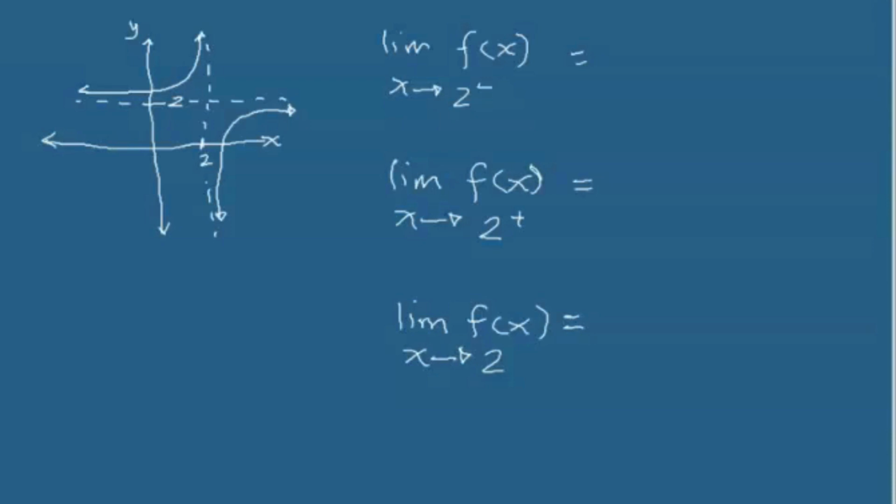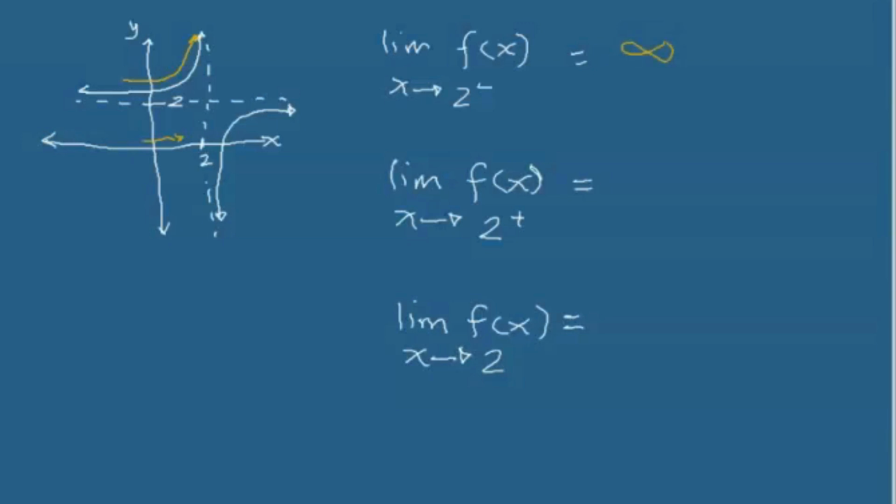As it approaches 2 from the left, we follow this graph. The value of y is getting bigger and bigger, so it goes up. So our answer is positive infinity.